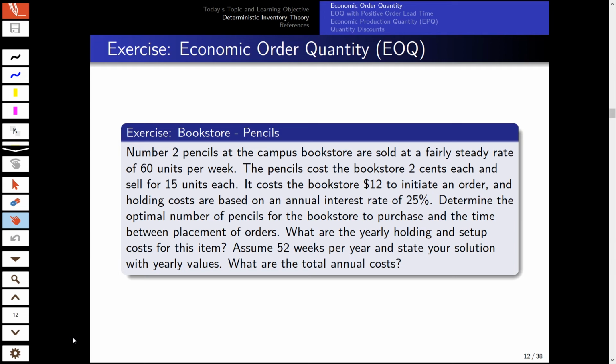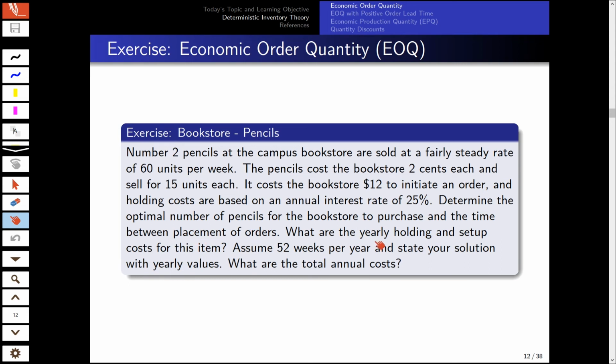The cost of the bookstore for initiating an order is $12. The holding costs are based on the annual interest rate, and this is exactly what I said first: the interest charge multiplied by the purchasing cost gives us the inventory holding cost. And then we have to determine the optimal number of pencils the bookstore should purchase in the time between the placement of the orders.